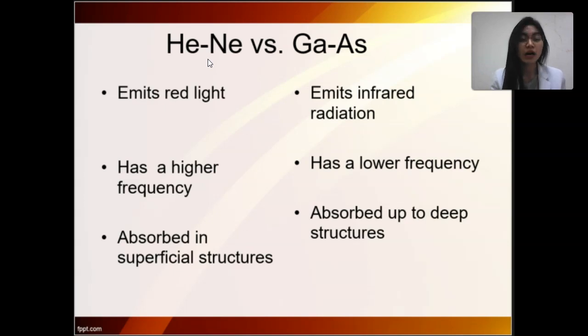So si helium-neon, nabubulol na ako. It emits red light, while your GaAs emits infrared radiation. Of course, in terms of the frequency, applying your FWAP mnemonic, since you have a shorter wavelength for your helium-neon, automatically that would mean that you have a higher frequency when compared to the GaAs, which would have a lower frequency because of the increase in wavelength.